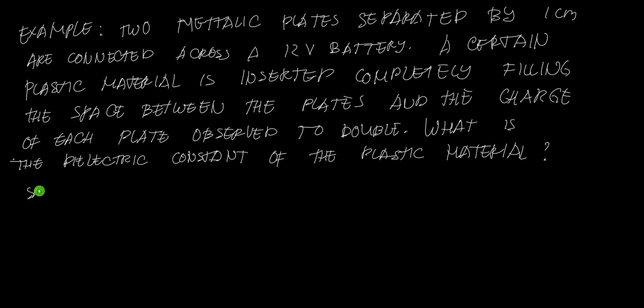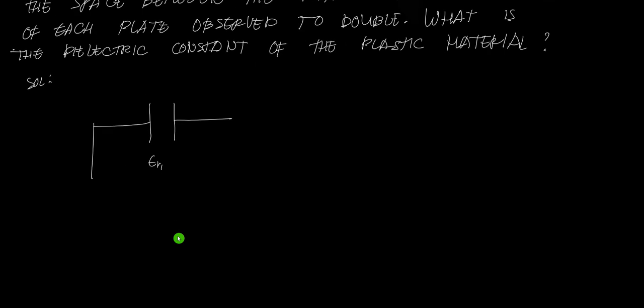So, solution. First, initially we have a free space, a capacitor that has a dielectric of free space. So we can make this epsilon R1, and this is connected to a 12-volt battery.